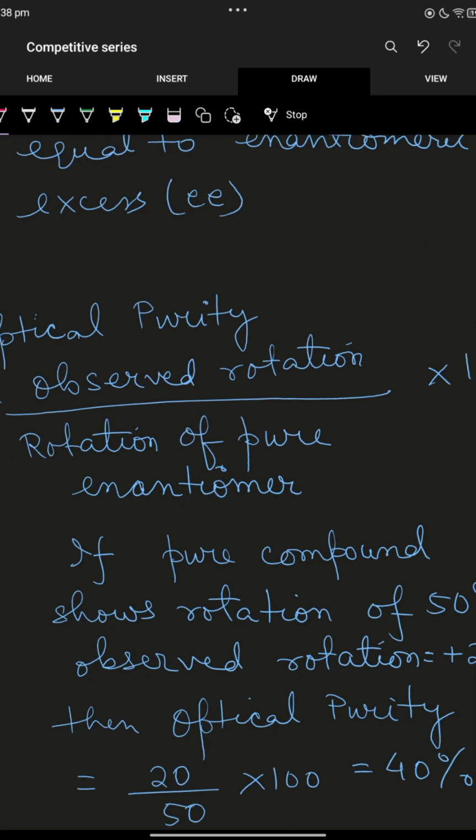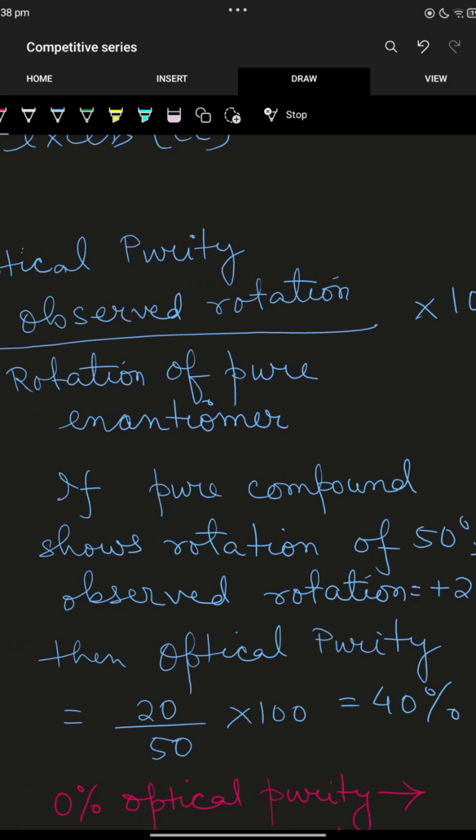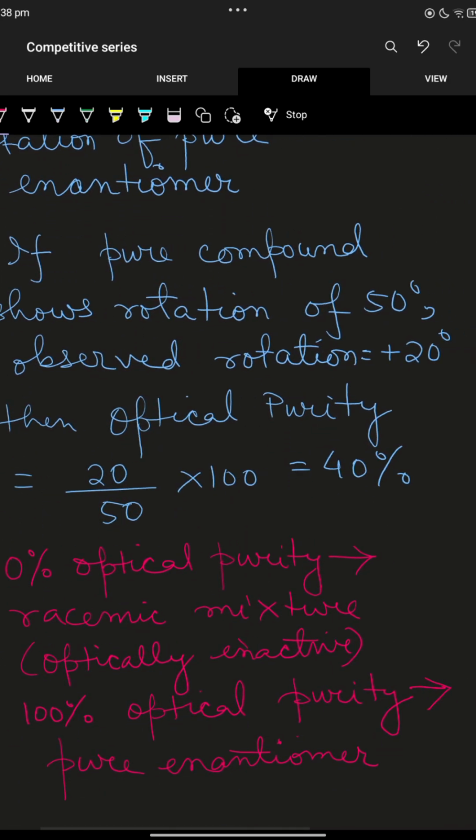So optical purity is equal to the observed rotation by the rotation of the pure enantiomer, into 100. If the pure compound shows a rotation of 50 degree, and the observed rotation, suppose, is equal to 20 degree, then optical purity will be the observed rotation divided by the rotation of the pure compound.